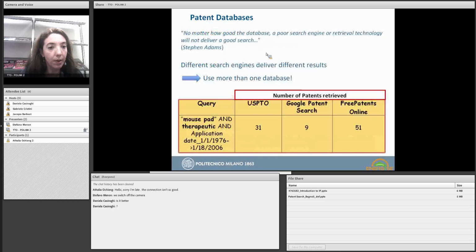Because the databases are based on search engines, and if you search with different engines, you can obtain different results. Here we have an example of a query, mousepad used for therapeutic application. Checking on different databases, you obtain a different number of results. So you should perform your patent search on more than one database.